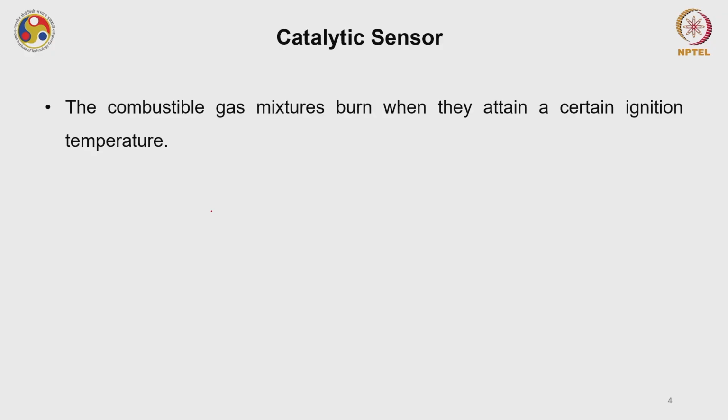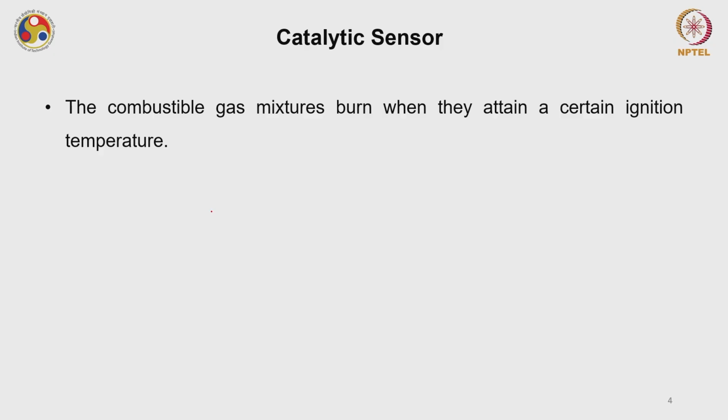Okay, catalytic gas sensors were the initial ones which were developed to measure toxic gases inside coal mines and other places where people were dying because of suffocation and breathing issues. Okay, the combustible gas mixtures burn when they attain a certain ignition temperature.